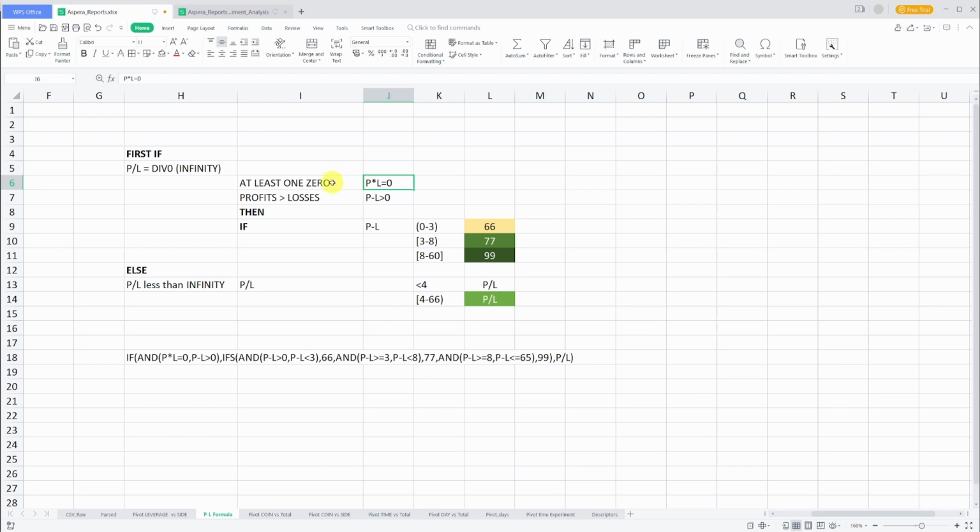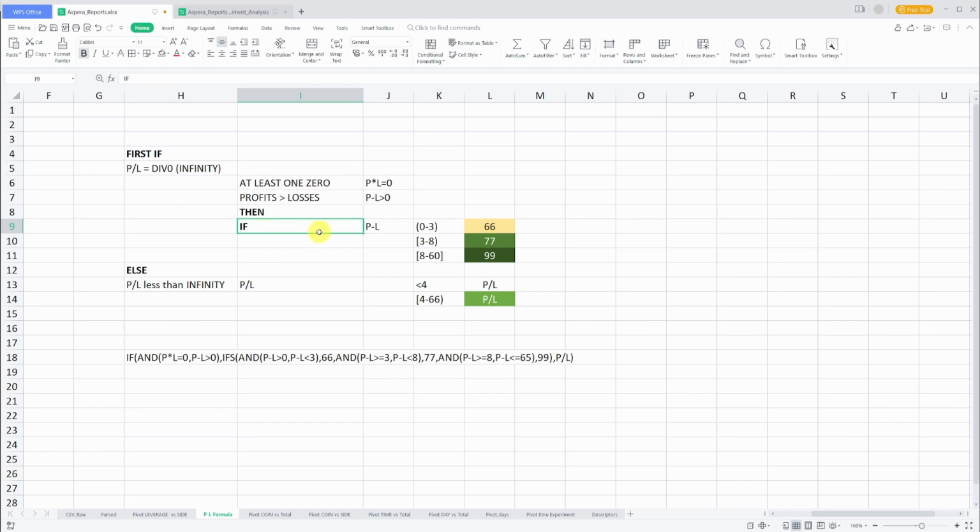Now, secondly, we have to verify that the profits are more than the losses. In order to do that, we subtract the losses from the profits, and if it's greater than 0, then it means that the 0 that we had in this equation are the losses. Okay, so this is the first part, the first if.